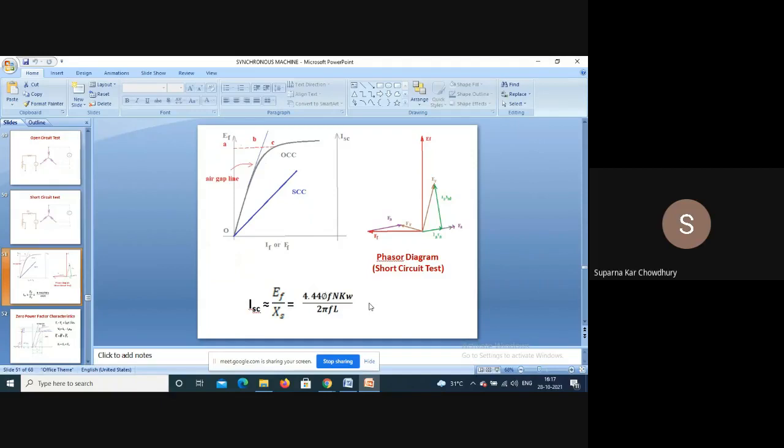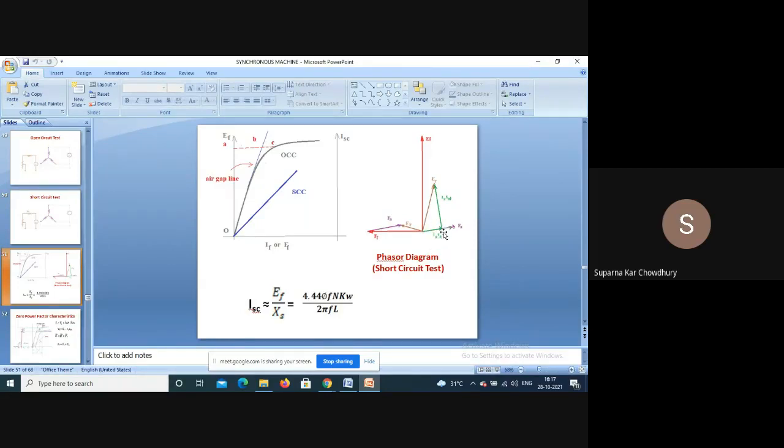That's why, though the open circuit test has to be performed at synchronous speed, for the short circuit test the speed might vary slightly, but only slightly because we have neglected resistance.